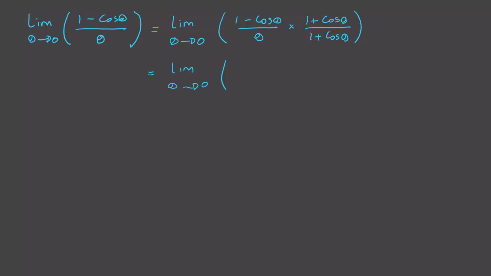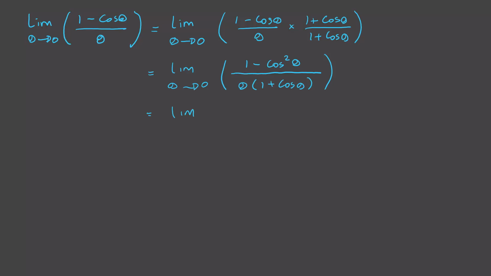If you look at the numerator, 1 minus cos theta times 1 plus cos theta, that's a difference of 2 squares, which means you get 1 minus cos squared theta. Of course, you could expand out brackets if you wanted to. And the bottom is just theta times (1 plus cos theta).